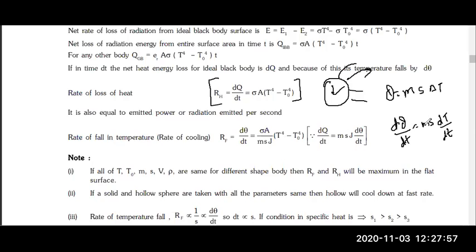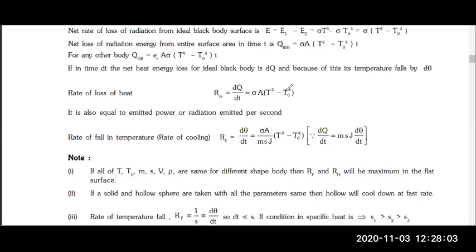Now, I'm just considering one random example. They might have some other constant. So I can say that for this object, the temperature is falling if it is radiating heat, and the rate of this change in temperature is given by sigma A divided by m s J into T to the power 4 minus T naught to the power 4. Now J is a constant, it will be given in the problem. This is your Newton's law of cooling, yes or no?